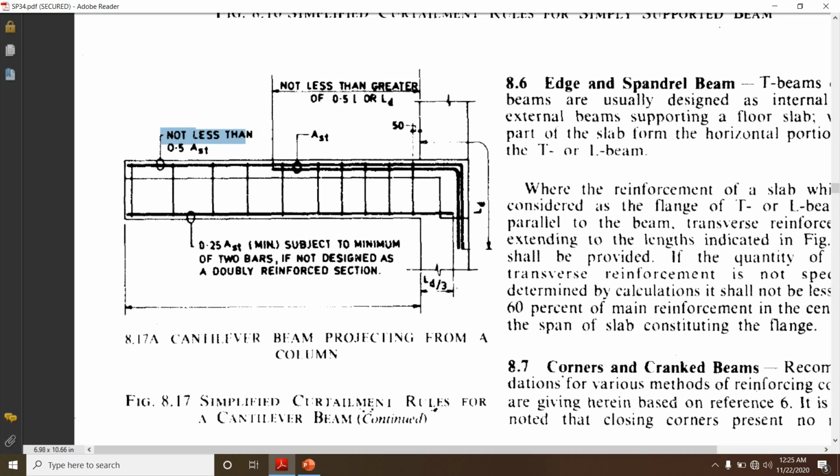And for the stirrups we are going to tie, the first stirrup spacing should not be greater than 50 mm. At the bottom we can provide 25 percentage of the total area of steel, that is minimum steel, subject to a minimum of 2 bars if it is not designed as a doubly reinforced beam. So this is the case when the cantilever beam is projecting from a column.